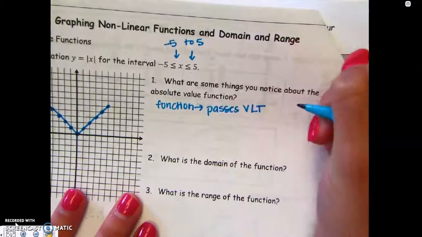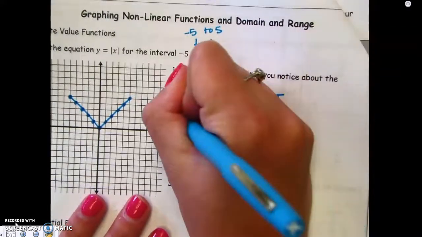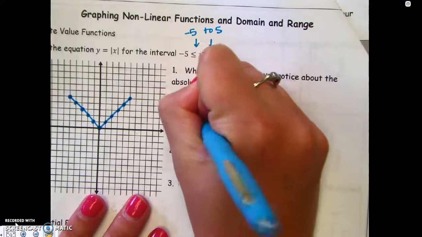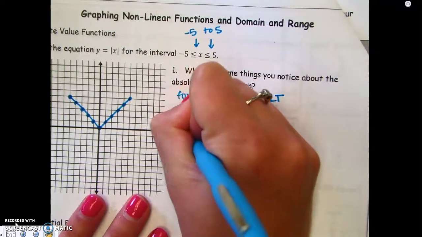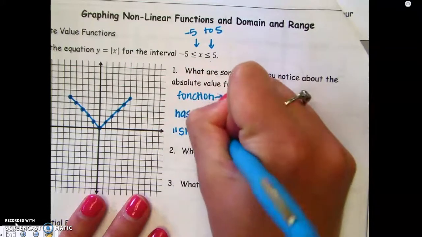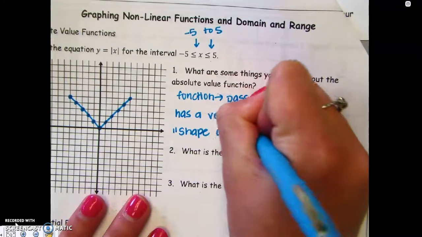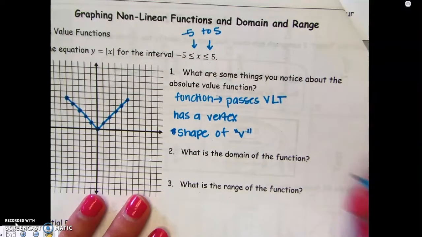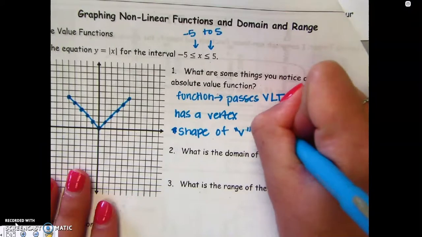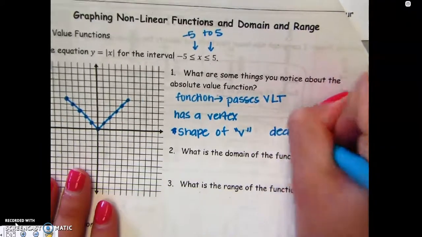That's from like unit 3. It also has a vertex. It's in the shape of a V. And maybe from left to right it decreases, then increases.